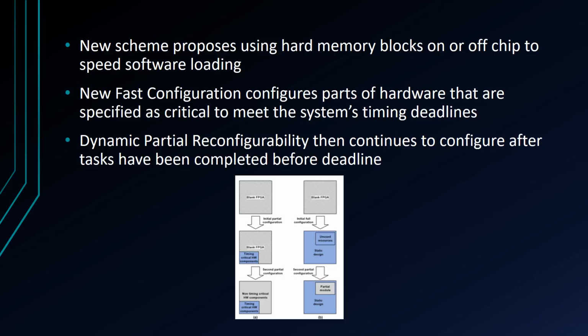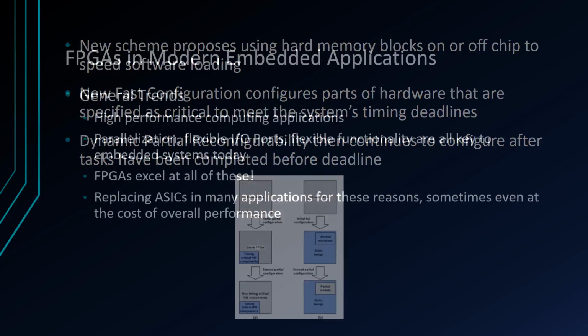This was a very interesting idea I saw in a research paper, and it allows FPGAs to be used in a lot of these embedded applications with strict deadlines where otherwise they would be too slow at startup to be used.